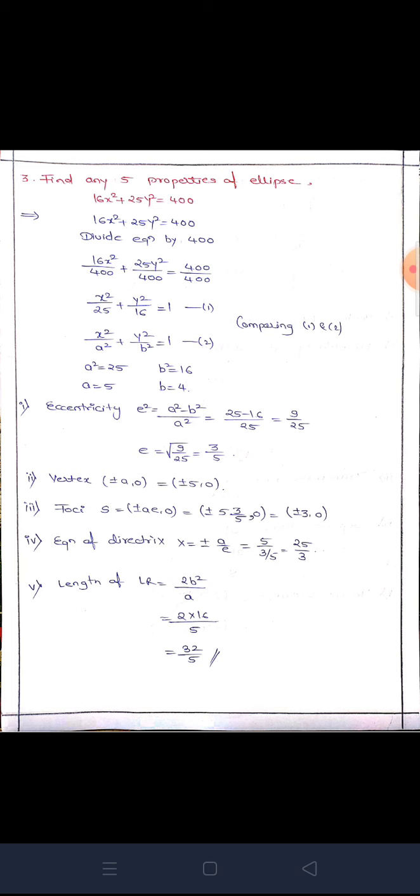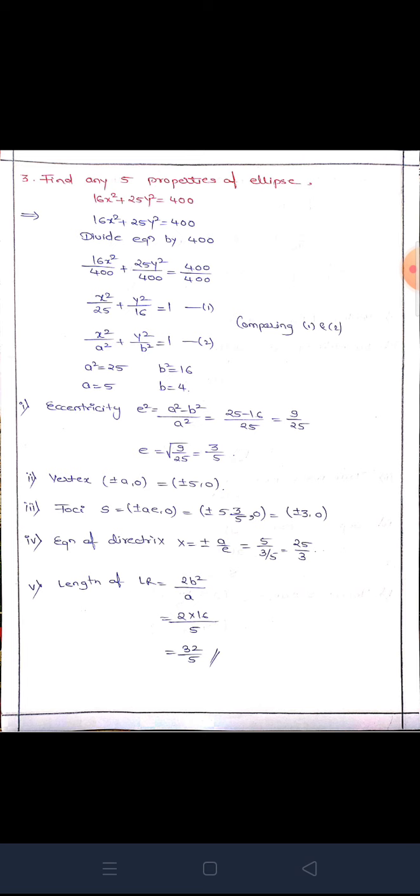Now compare this equation with the standard form, that is x square divided by a square plus y square divided by b square is equal to 1. Now compare the values of a square and b square. a square is 25, so a is equal to 5, and b square is 16, so b is 4. Here a is greater than b.